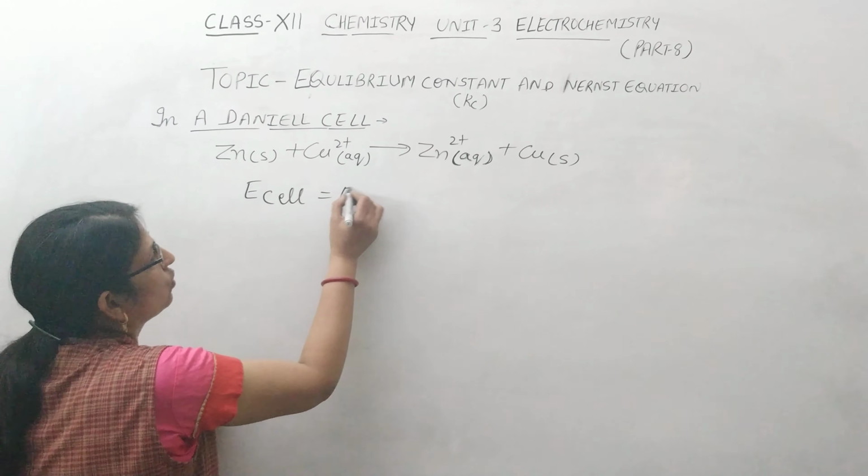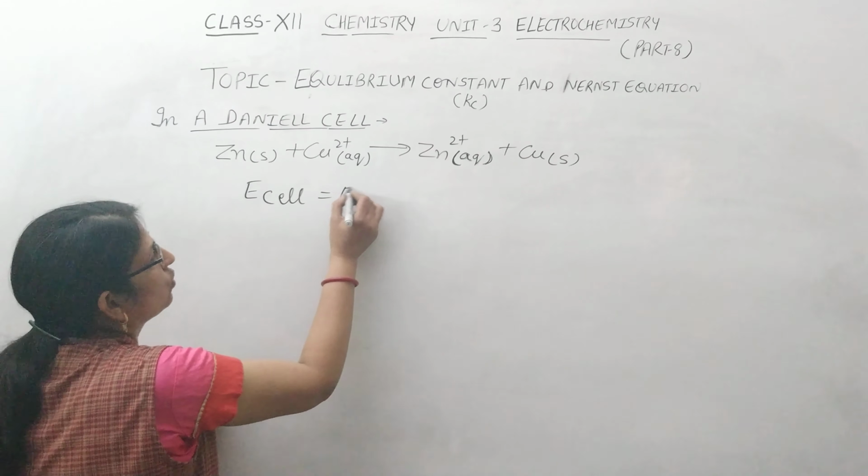As time passes, the concentration of zinc ion increases in its electrolytic solution, and copper ion from the solution goes to its electrode, so its concentration slowly decreases. I repeat my point: the concentration of zinc ion increases and the concentration of copper ion decreases in the electrolytic solution. Both things are happening.